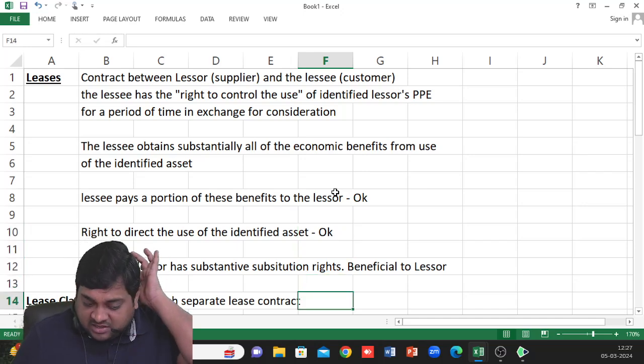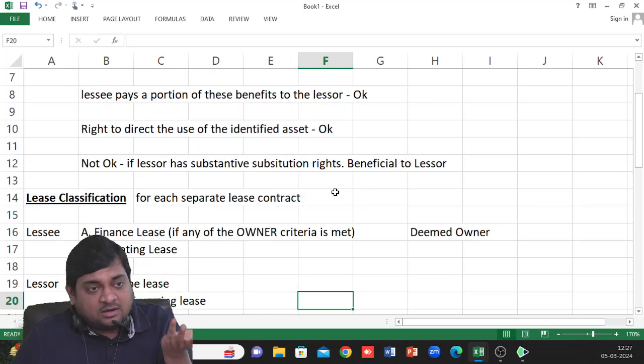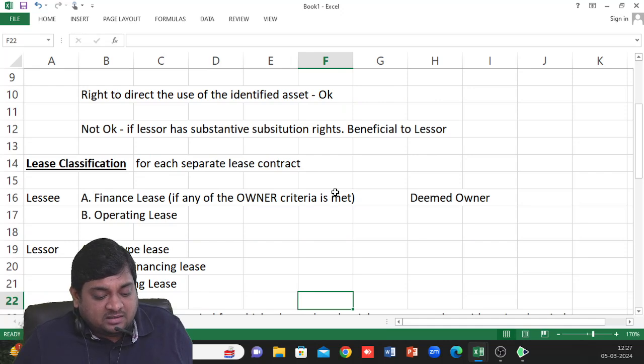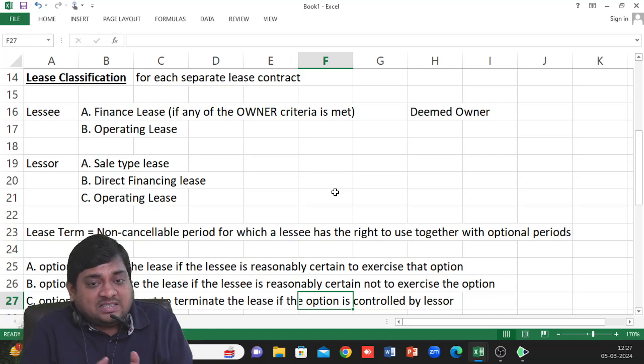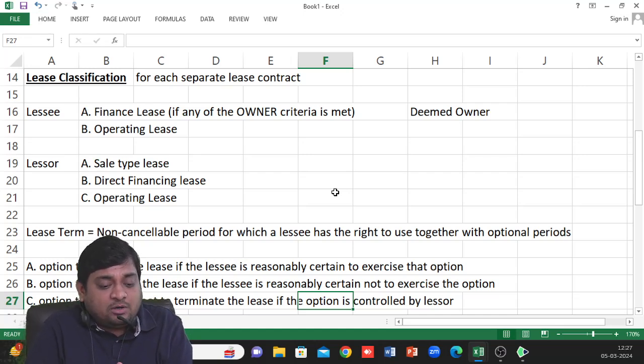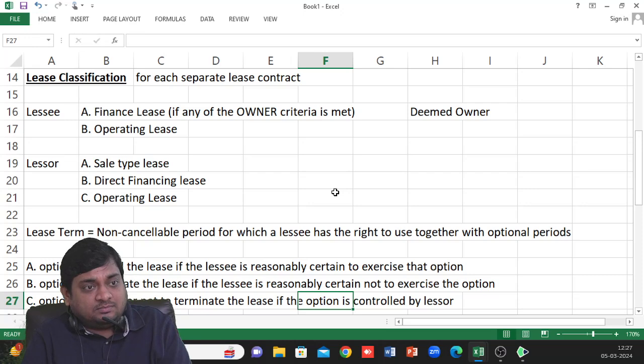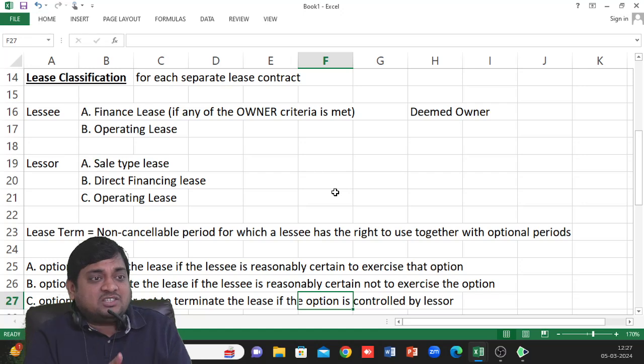Then classification is either finance lease or an operating lease. And then we spoke about the lease term during which the asset is given for use. It includes the optional extension, which I'm reasonably certain to exercise, and option to terminate if the lessee is not reasonably certain not to exercise. Otherwise, the lease term will end early.